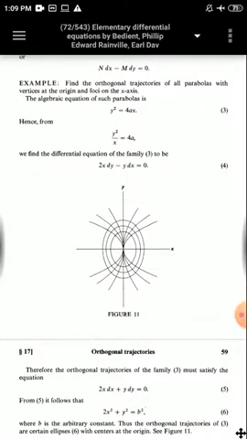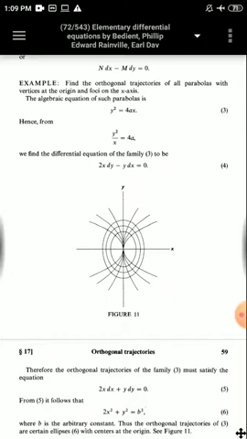Find the orthogonal trajectories of all parabolas with vertices at the origin and foci on the x-axis. The algebraic equation of such a parabola is y² = 4ax.